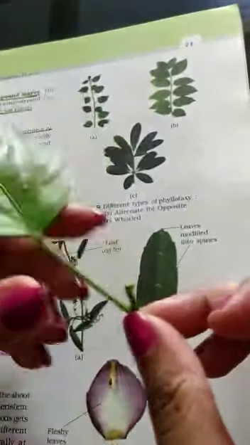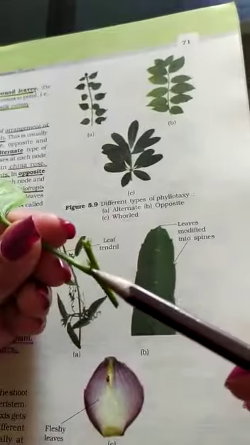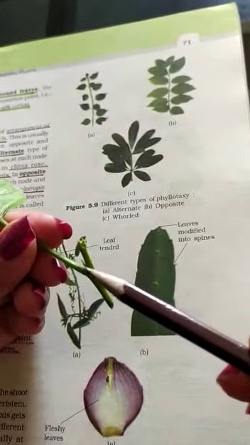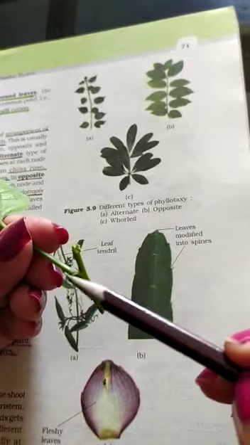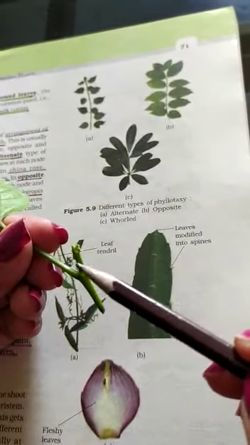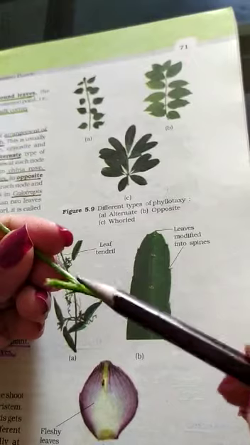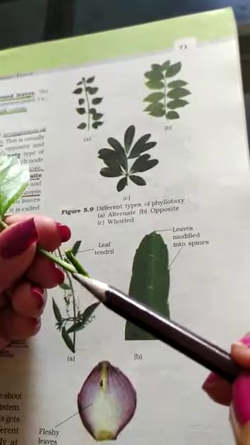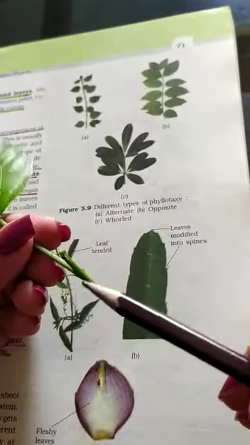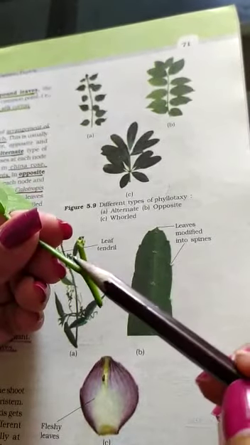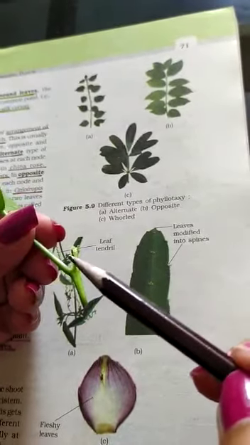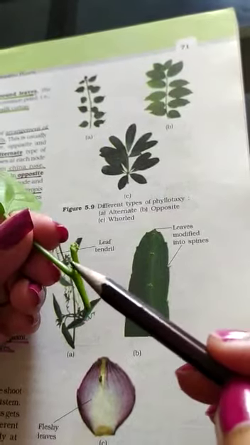And at the leaf base, you can see spine-like structures are also present, but these are not exactly spines, they are soft structures. These are called stipules. In many plants you have seen this type of structure at the base of the leaf. So when you see it, you can understand that this is stipule.